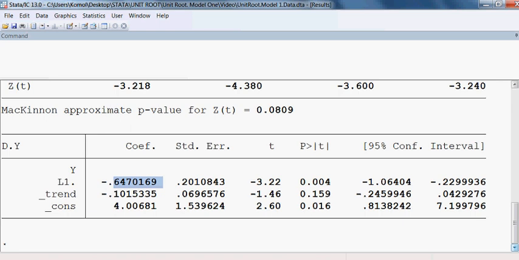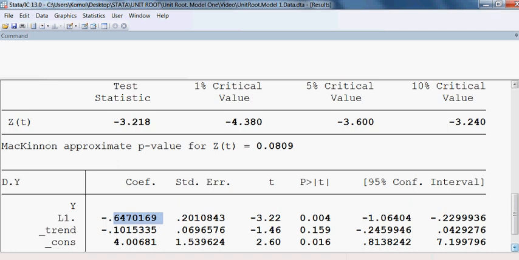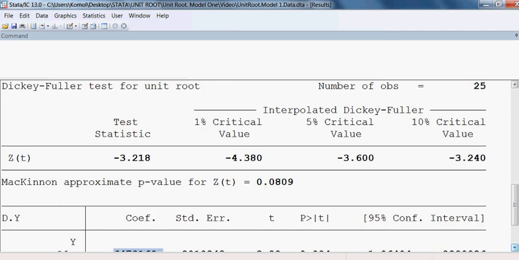And it is negative. So we can accept the model. Okay. So here, what is our decision? The y variable has unit root.